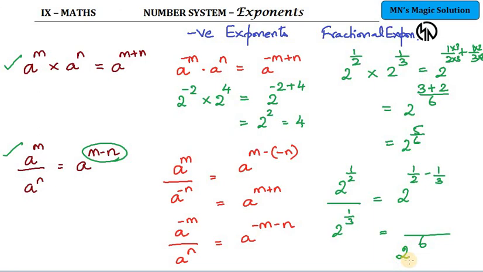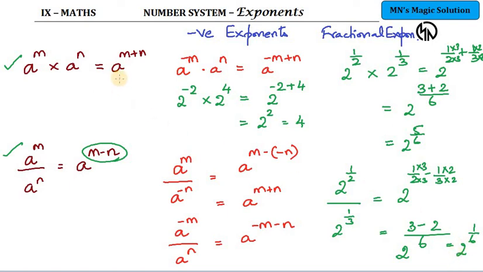So the same base 2 I have put, and the fractions alone I am going to simplify. So here it is into 3, so here as well it is 3. So 3 minus, here it is into 2, here as well 2. So 3 minus 2. You get 2 power, this is 3 minus 2 is 1, 1 by 6.